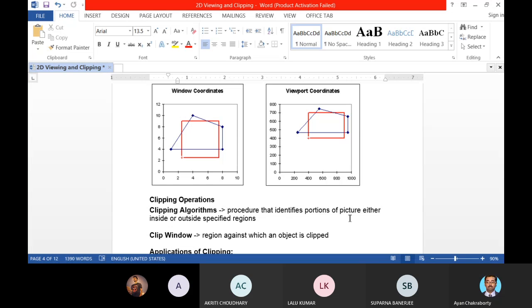As you can see here, this is the clipping operation described by these two images. There are two side-by-side images in these notes.